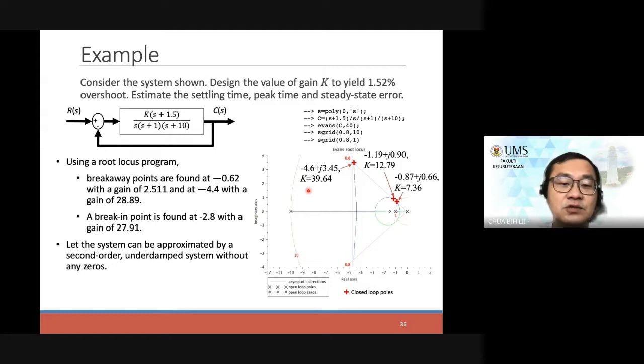For this, what we see here is that there is a breakaway point.